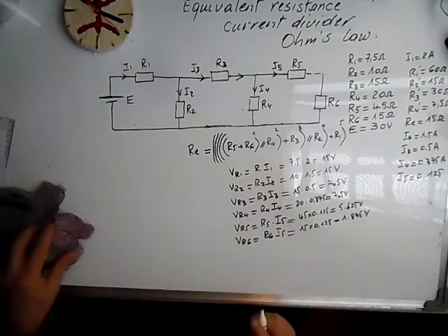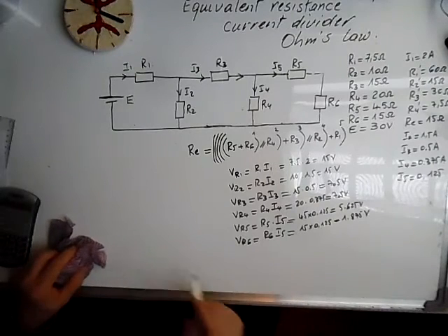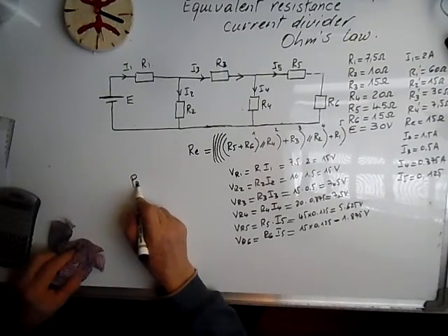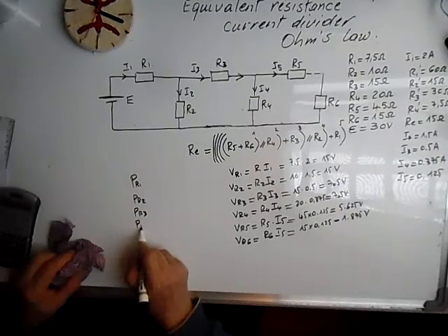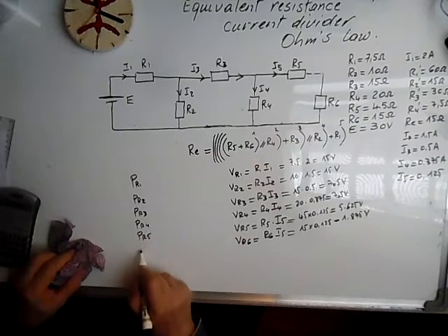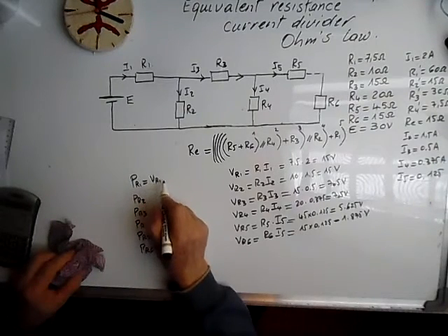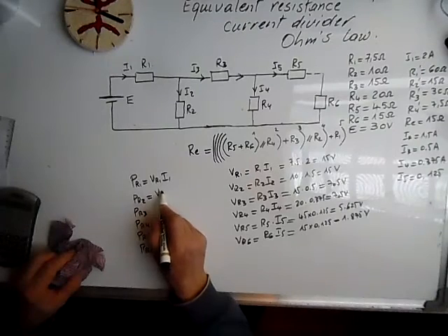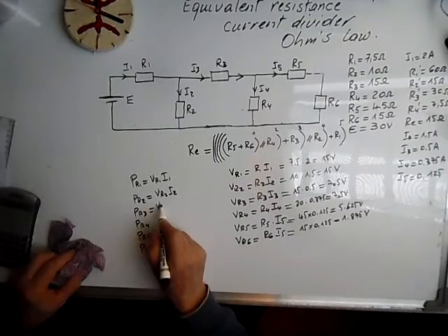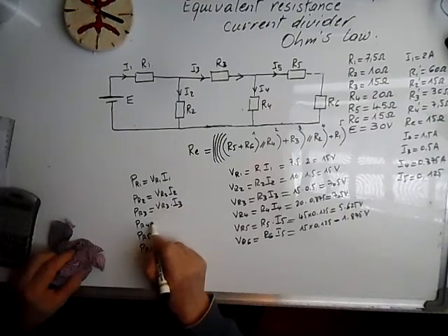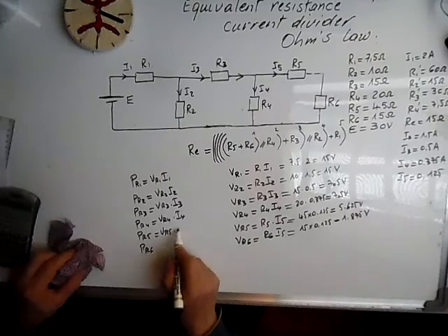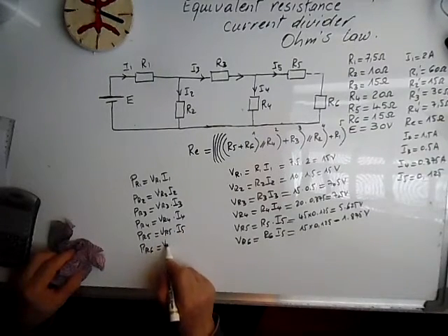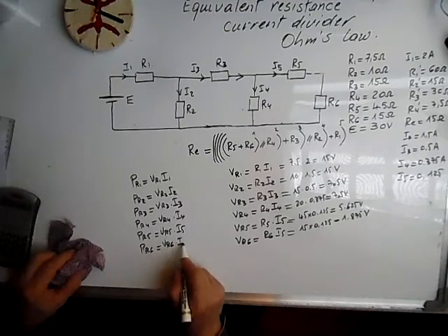That is equal to 1.875 volts. And now we can calculate the power dissipated: PR1, PR2, PR3, PR4, PR5, and PR6. This is VR1 times I1, VR2 times I2, VR3 times I3, VR4 times I4, VR5 times I5, and VR6 times I5.